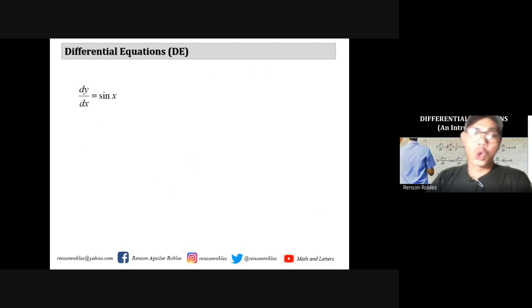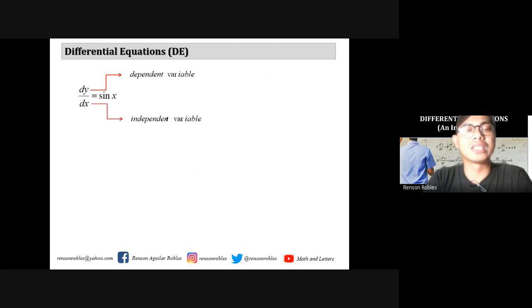Based on the definition, y is the dependent variable, and since there is a derivative with respect to x, x is the independent variable. When you look at the position of y and x in the operator, it's easy to identify which is dependent and which is independent. Taking the case of a fraction, the variable on top is the dependent variable, and the variable under the symbol is the independent variable.